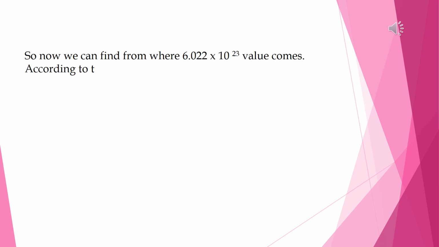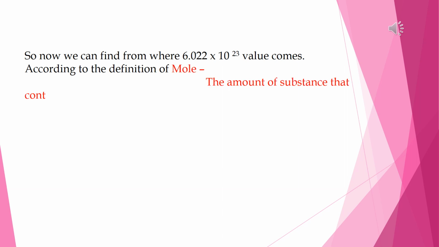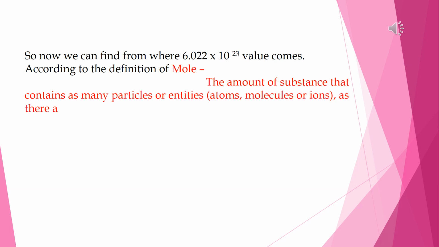So now we can easily find where the 6.022 × 10^23 value comes from. According to the definition of mole, it is the amount of substance that contains as many particles or entities, which are either atoms, molecules or ions, as there are atoms in exactly 12 gram of carbon 12 isotope. So we have to find out how many atoms of carbon constitute 12 gram of carbon.